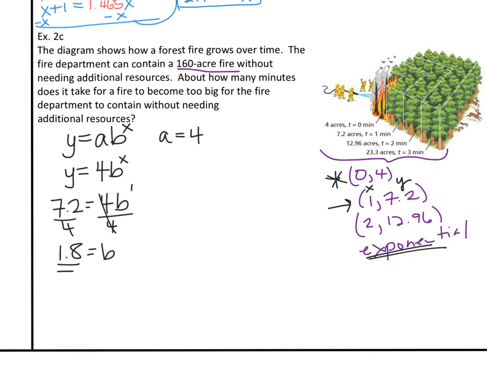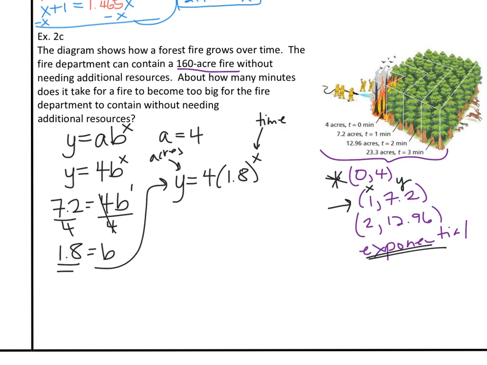If we substitute b back in, then our general formula to model how quickly the fire is burning would be y equals 4 times 1.8 to the x power. Now x is time and y is number of acres burned. We need to know that for the second part of the problem.